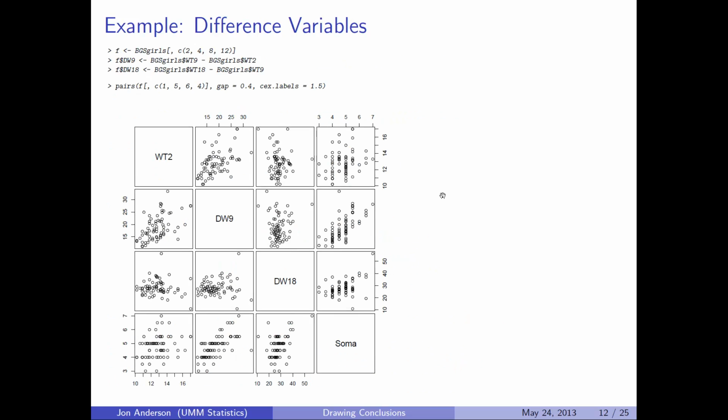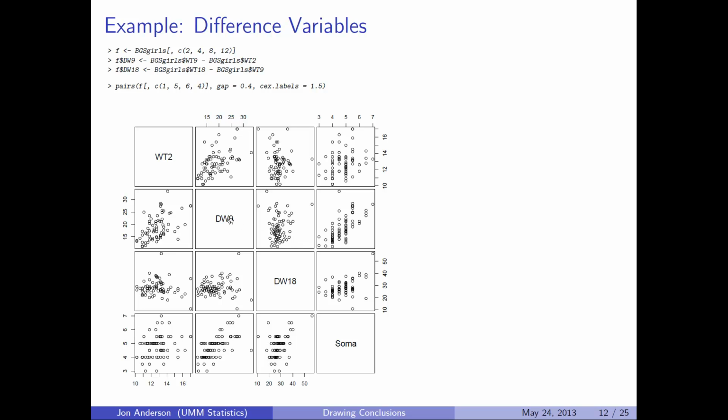And so in this particular overhead 12, I'm making a couple of new variables out of our weight variables. I'm making a difference variable between the weight at age 9 and age 2, and another difference variable between the weight at age 18 and the weight at age 9. And you can see the scatter plots of these two weight variables are much less correlated with each other.